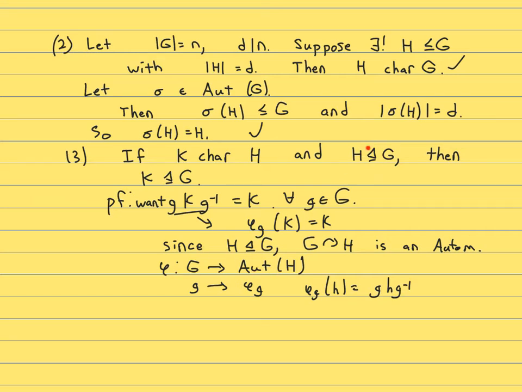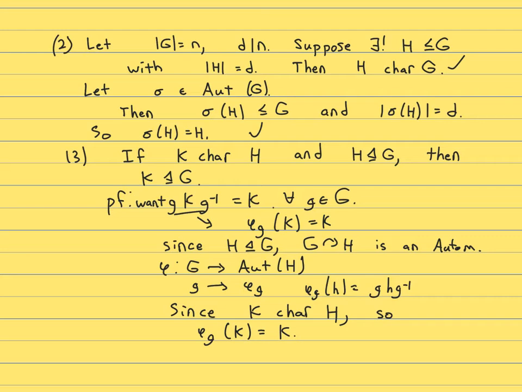And so for every g, phi sub g is an automorphism of H. But K is a characteristic subgroup of H, which means that K is fixed as a set by every automorphism of H. So in particular, phi of g of K has to be K, which is what we wanted to show.